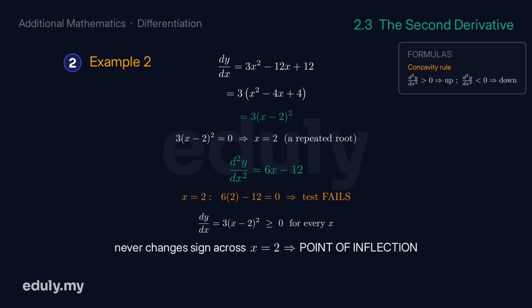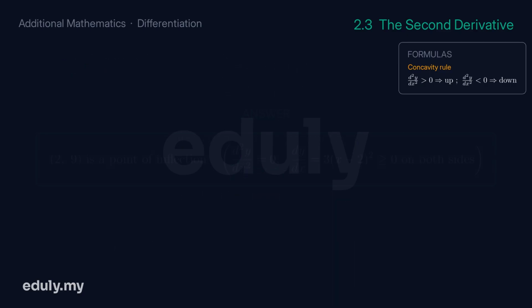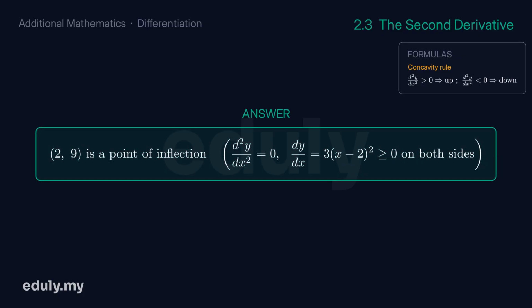A positive constant times a square, never negative either side of x equals 2, so it's a point of inflection, not a maximum or minimum. Substitute x equals 2 back into the original curve y to get the y coordinate, 9. Stationary point at 2, 9.